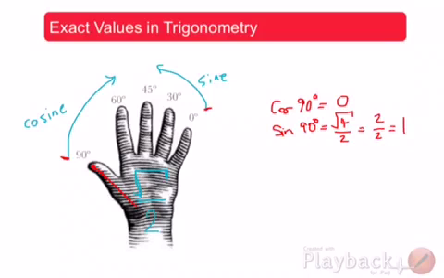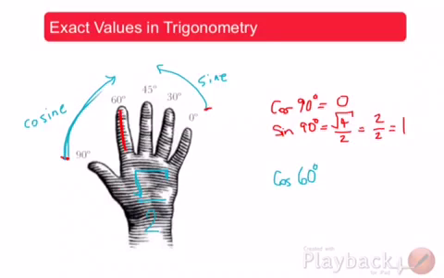Okay, let's try another one. I'm just going to rub this line out this time. So if I was to try and find the 60 degree exact values, so the sine of 60 and the cosine of 60, I'm going to use a different colour pen. So the cosine of 60 degrees, again, when I'm finding cosine, I have to start from 90 degrees up to the angle that I'm looking at, or the finger that I'm at.